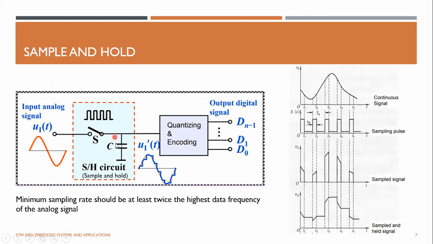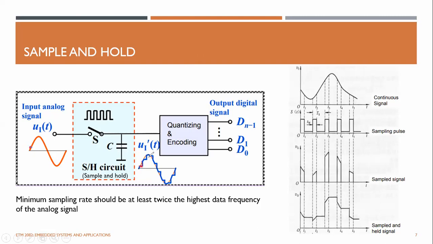Once this is on, the capacitor charges, and it will hold whatever the value is here. For example, if this switch is turned on during this period, the capacitor charges here. And once the switch is open, the capacitor charge will be kept during this period.